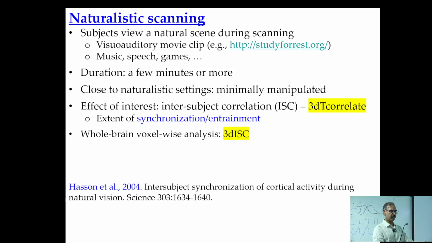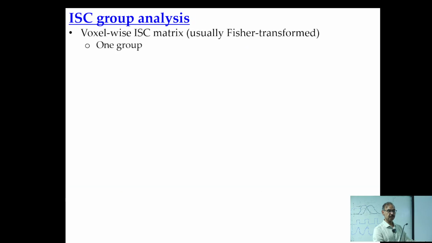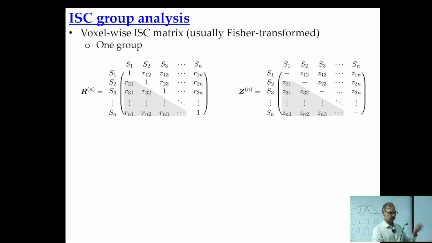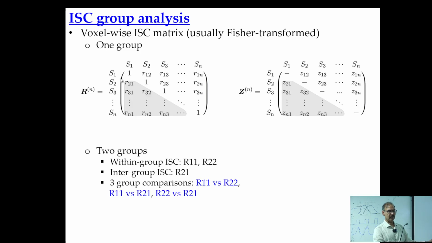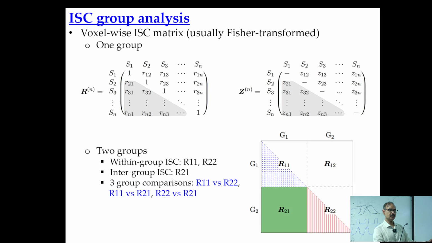In this case, these are the different subjects and different regions of interest, and the correlation is done. So this is again another way in which the data is analyzed for group level, right?